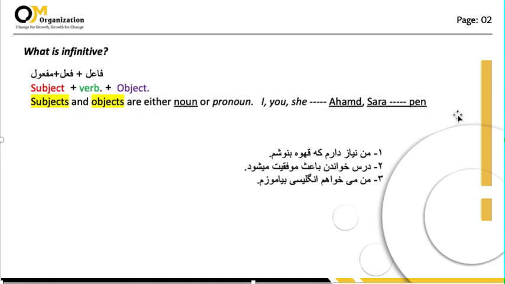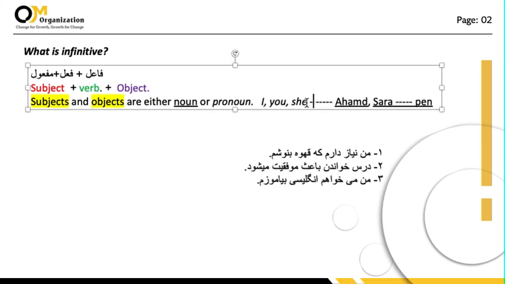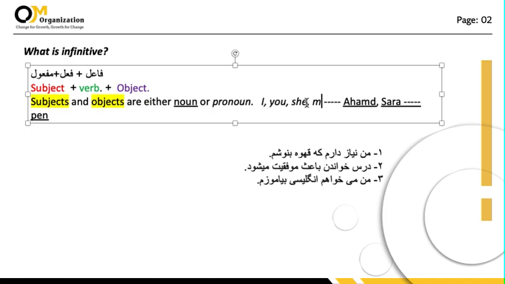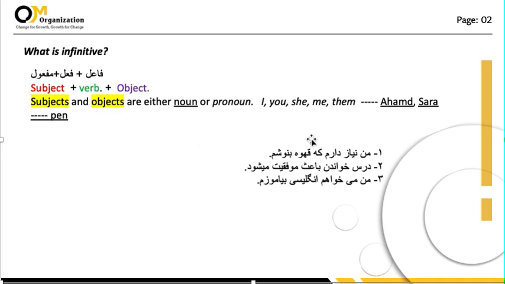When we are talking about subject and object, we're not talking about verb. Be careful. Subject, object. For the object pronoun, we can simply say me or them. There are a lot. We can use them.